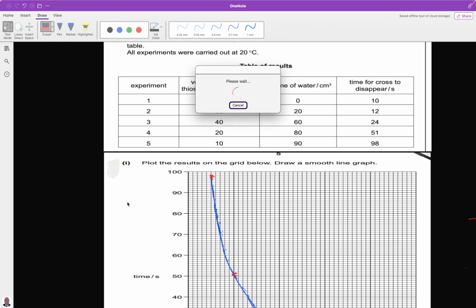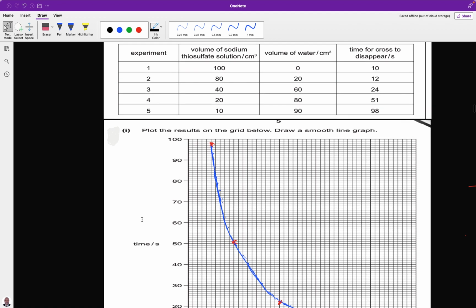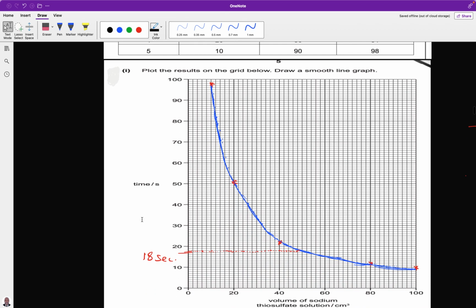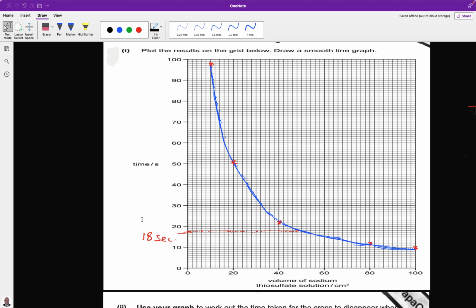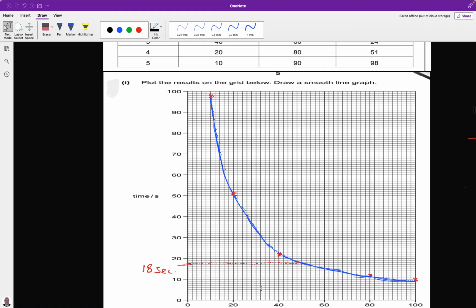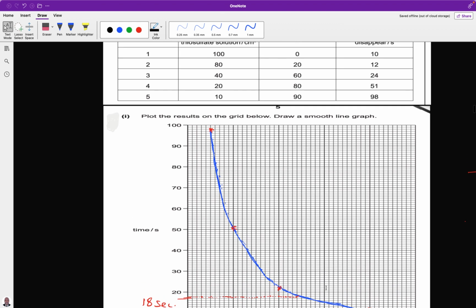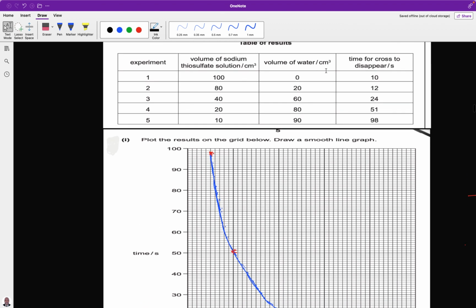To draw a smooth line graph, we are going to plot the time against the concentration, time against the volume of sodium thiosulfate that was used. So now we are going to use the data here. This is the time, and this is the volume of sodium thiosulfate.